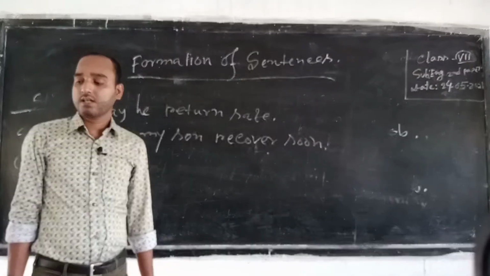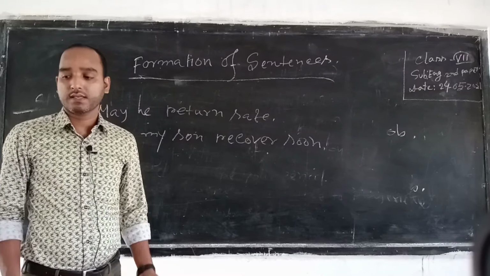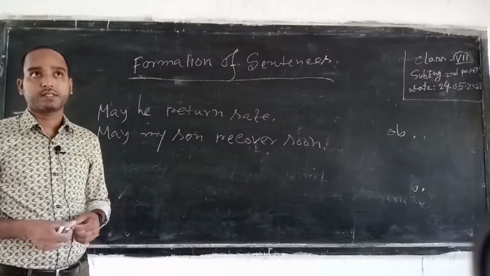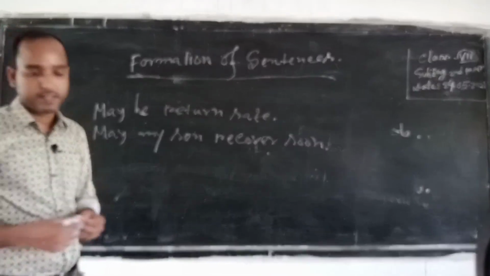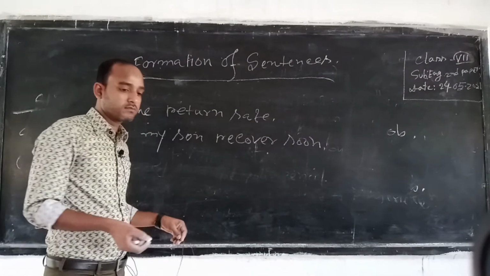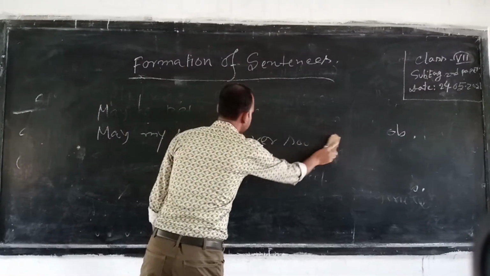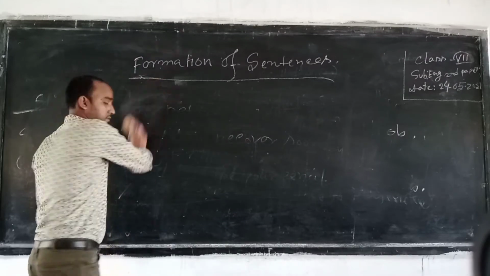It is used to express emotions like this: surprise, delight, pain, suffering, disgust. So, now we will see how exclamatory sentence is formed.